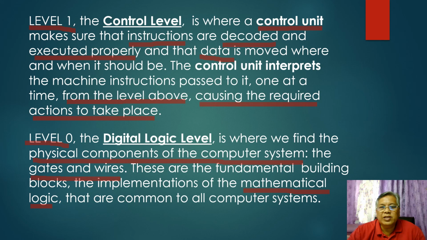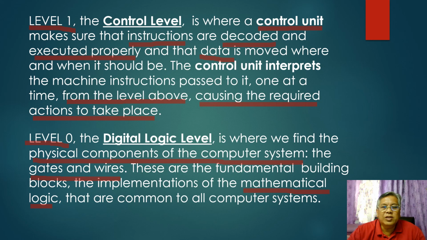So, digital logic level. For example, your ALU is composed of logic gates, right? Or, and, inverters and so on. And these logic gates perform mathematical or logical operations. Okay? And that can be found in your central processing unit.